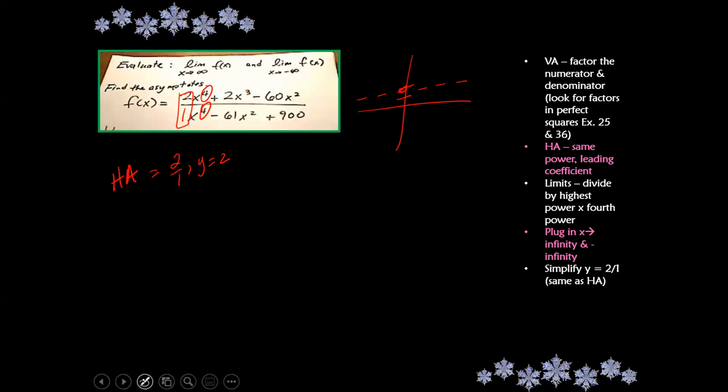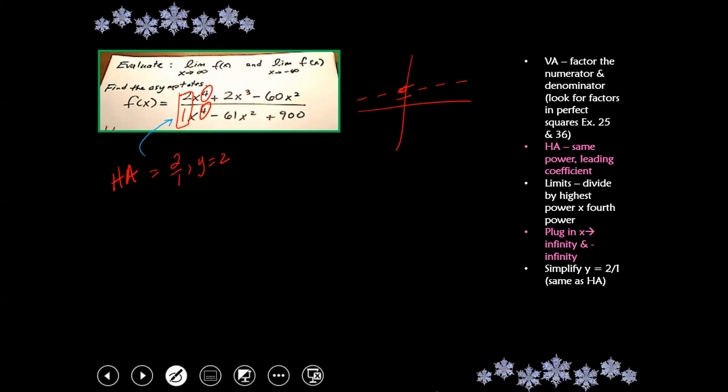Now the vertical one is a little bit more challenging because remember, before you just factor the denominator and set it equal to 0, you want to make sure if there's another factor in the numerator that you can cancel out. In this case, if you look at the denominator, it has an x to the 4th power.